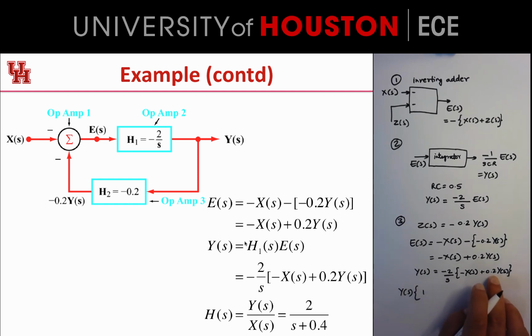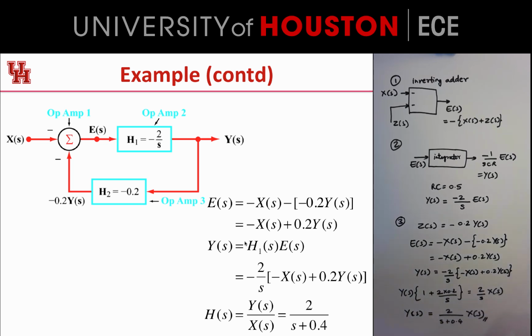I'm going to take this term to the left-hand side: 1 plus 2 times 0.2 over S equals, this negative sign and this negative sign cancel, so I get 2 over S times X of S on the right-hand side. I can multiply throughout by S and solve for Y. So Y of S equals 2 over S plus 0.4, since 2 times 0.2 is 0.4, times X of S.